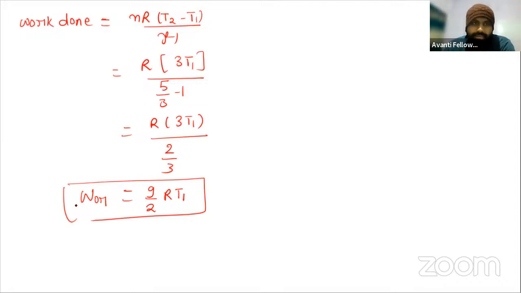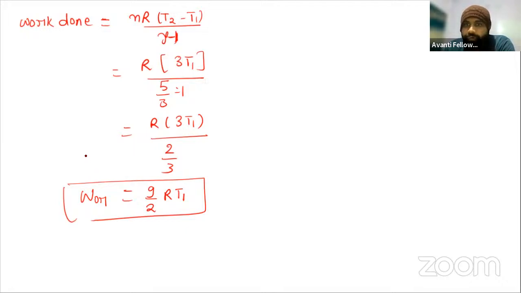Yeah, it's absolutely correct. Work done will be 9 by 2 times RT. So I think you have made here gamma plus 1. Okay, so make it correct. Otherwise, you are totally correct. This silly mistake you should not do.